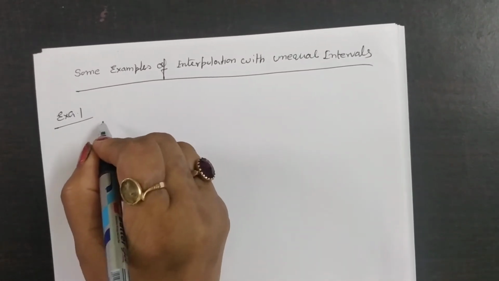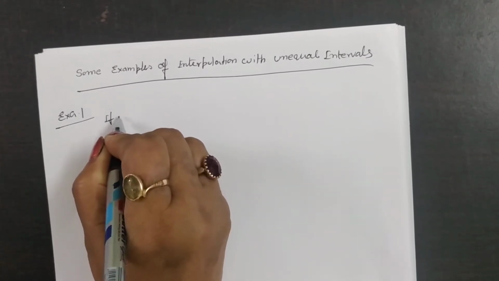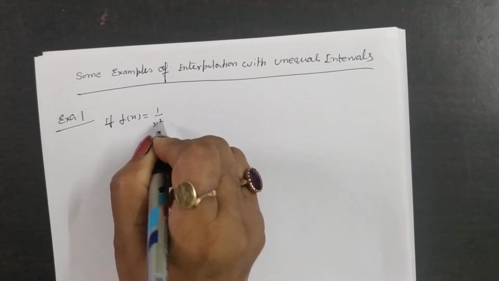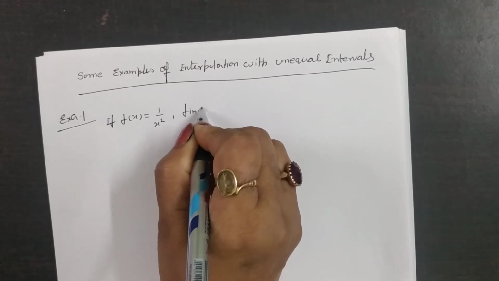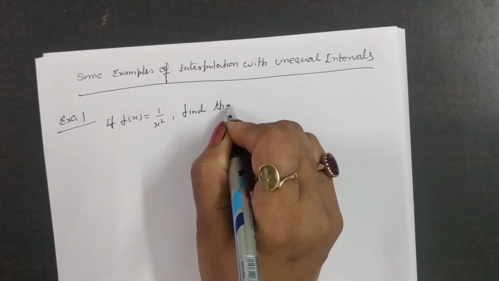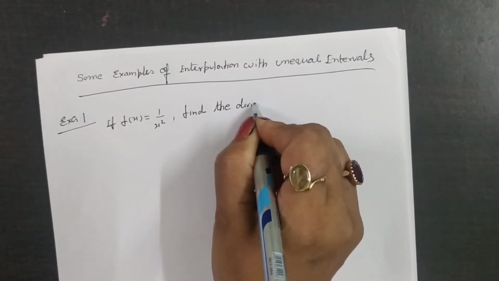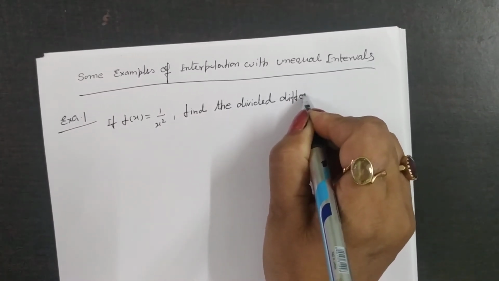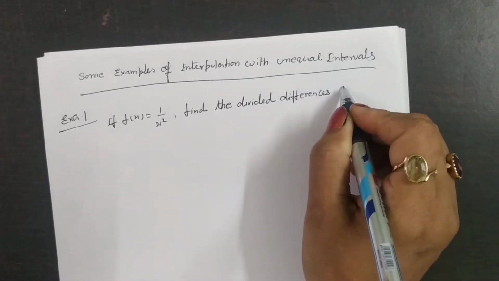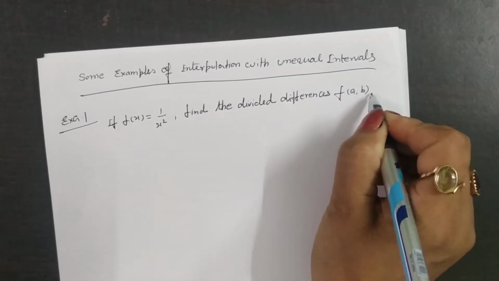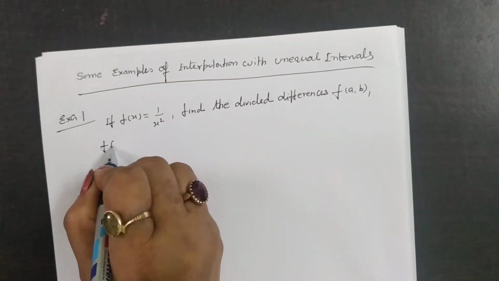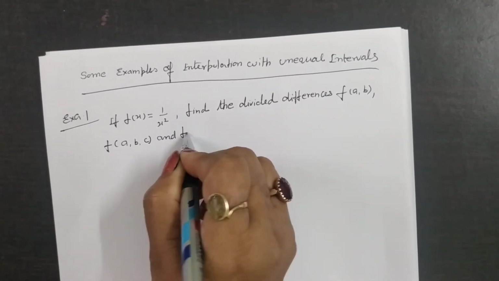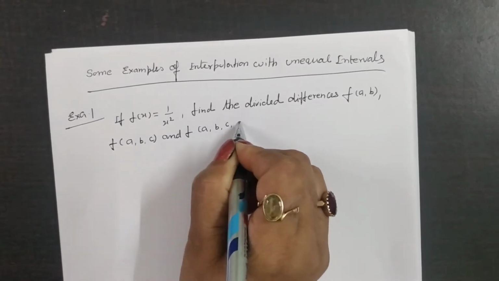The question is like this: if f(x) is equal to 1 by x square, find the divided differences f[a,b], f[a,b,c], and f[a,b,c,d].